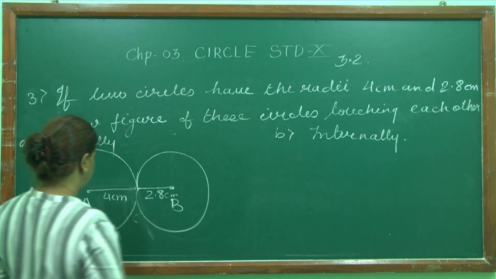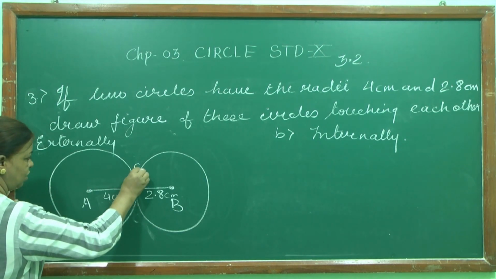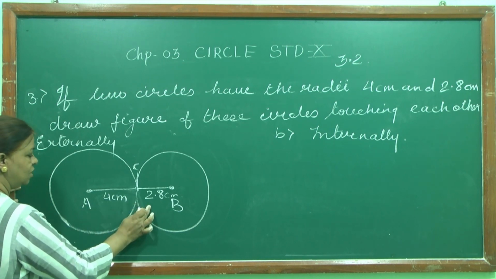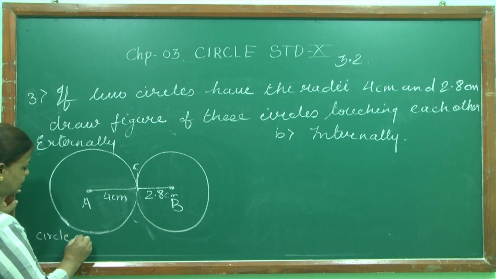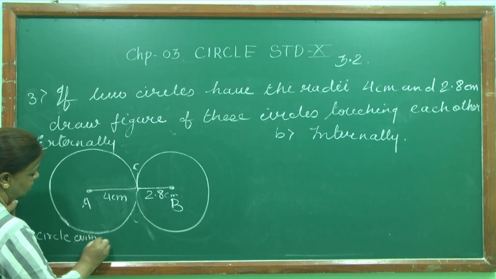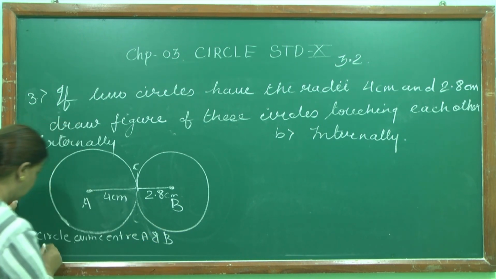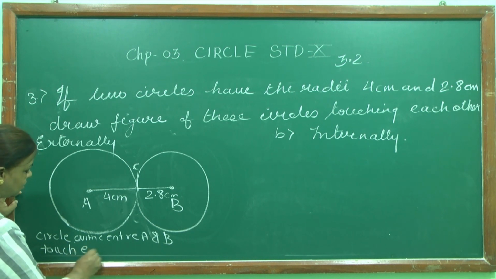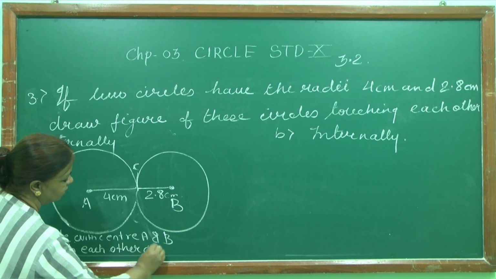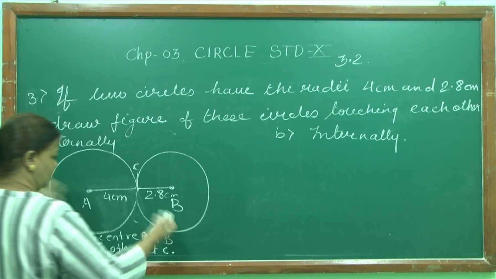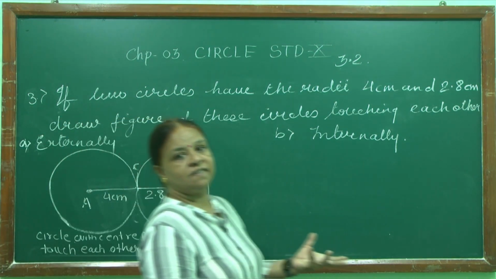So this is the figure. We can say C is the point where both the circles are touching each other externally. Circles with center A and B touch each other at C. Can we have a discussion of the distance between the centers?